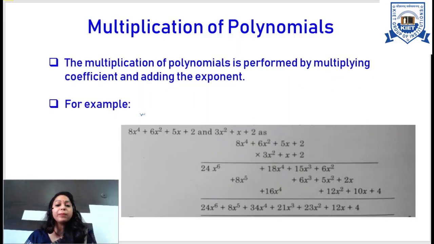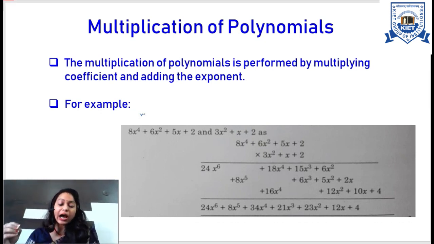To perform the multiplication of polynomials, what we are doing is multiplying the coefficient terms of both polynomial equations and adding the exponent terms. In the addition of polynomials, we were not performing any operation on the exponent.